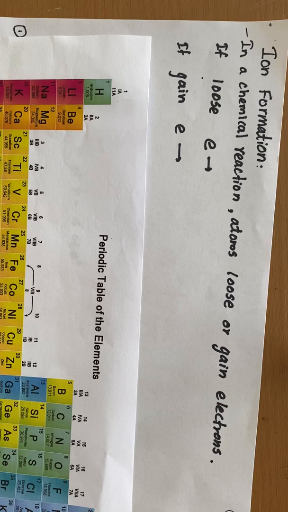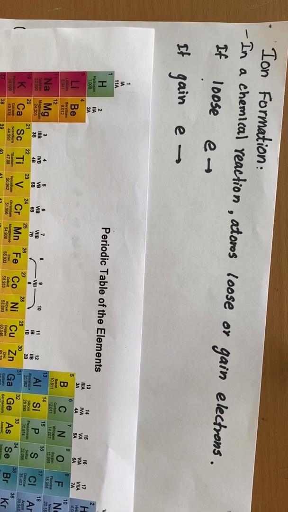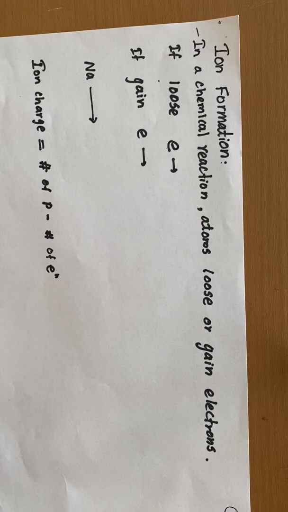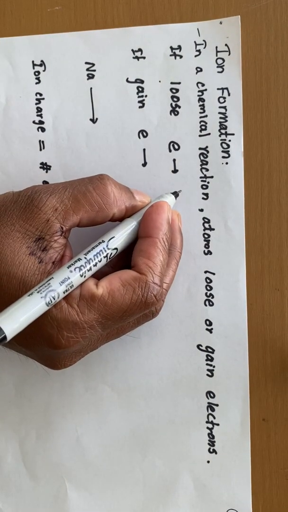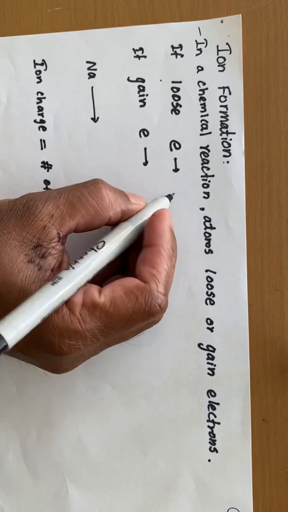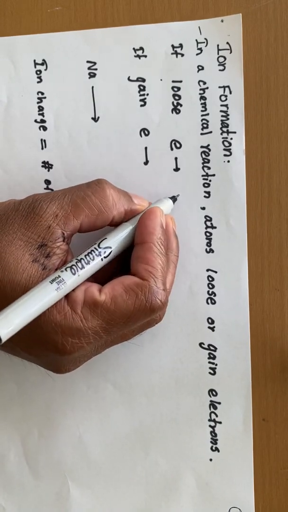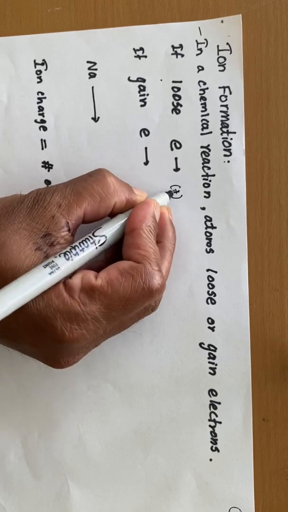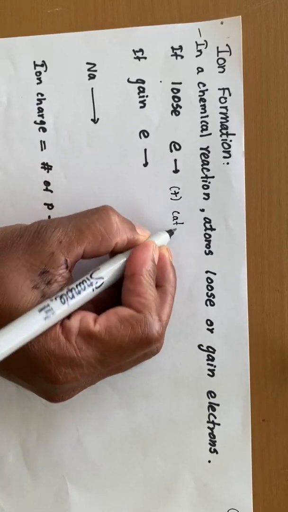We're not going to lose or gain protons. The number of protons is not going to change in a chemical reaction, only the number of electrons changes. If an element loses electrons, it gets a positive charge. We call that a cation.